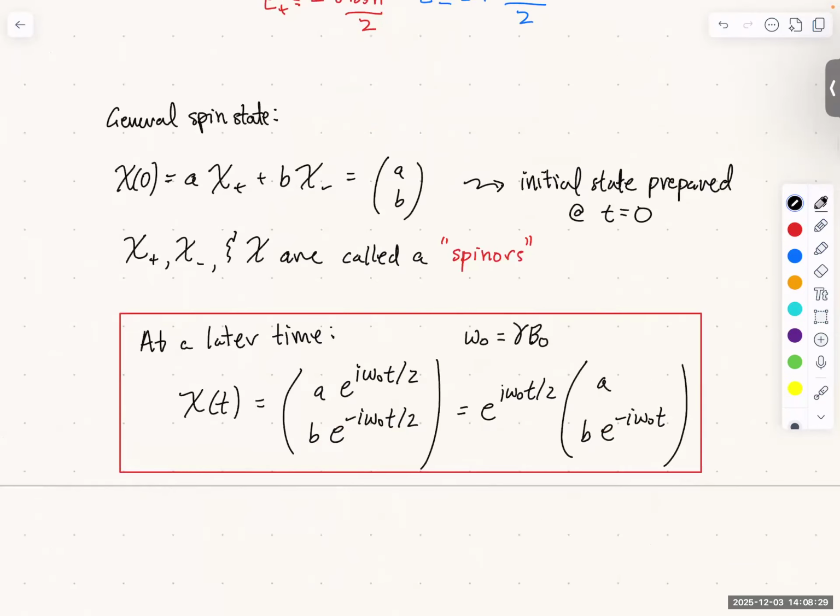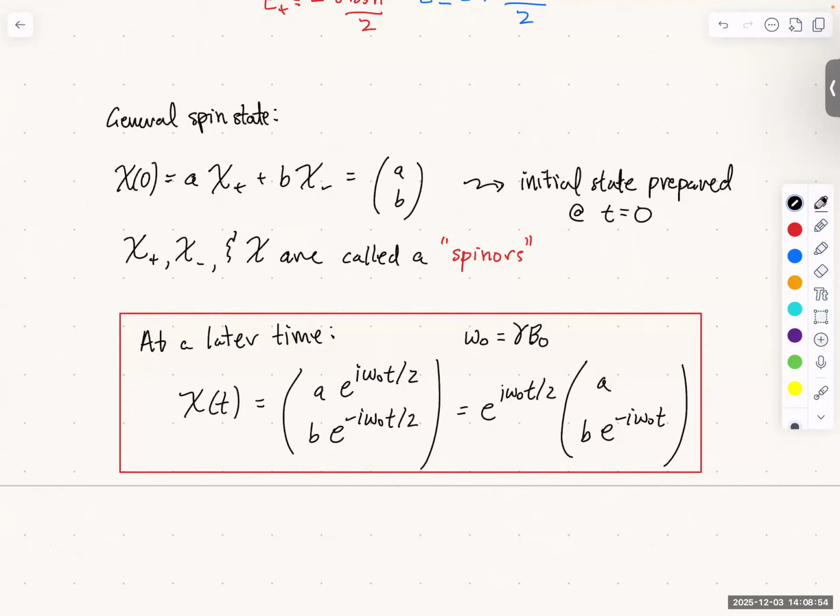So where we ended last time is we said, okay, let's make a general spin state. Chi0 is some superposition of the spin up and spin down eigenstates for the Sz operator. And so we imagine that we prepare this state at some time t equals 0, and then we allow the system to evolve.